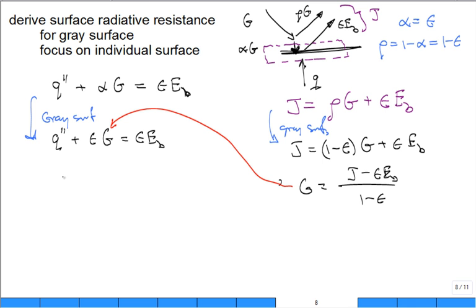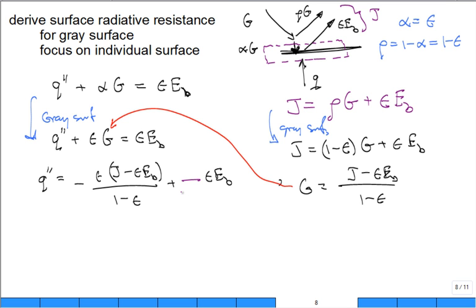If you eliminate G out of both of those equations, you get Q double prime equal to, let me throw it on this other side, minus the epsilon times G, which is J minus epsilon EB divided by 1 minus epsilon, plus epsilon EB. This was a minus, right? Did that look okay?